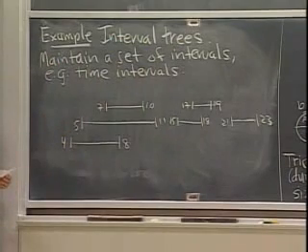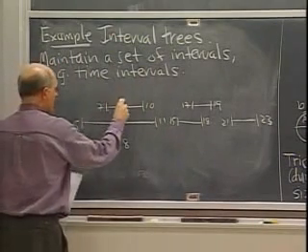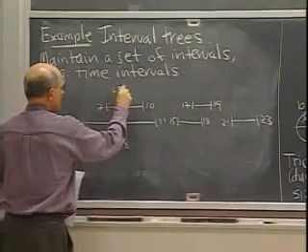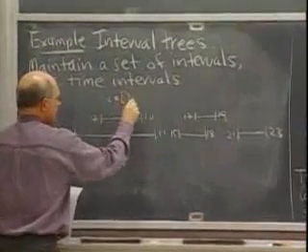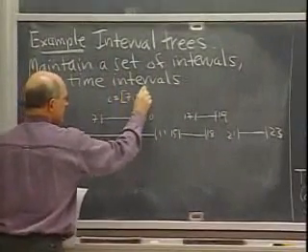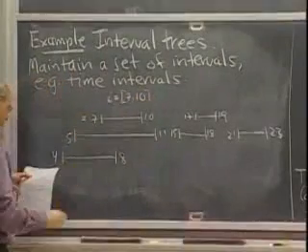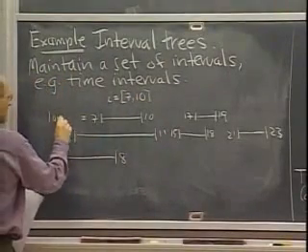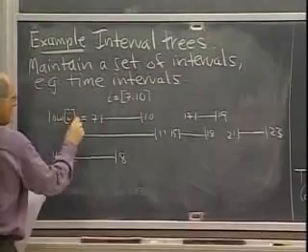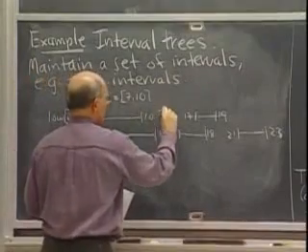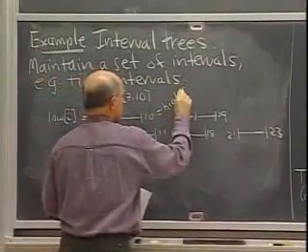And if we have an interval I, let's say this is interval I, which is 7, 10, then we're going to call this the low endpoint of I, and this we're going to call the high endpoint of I.